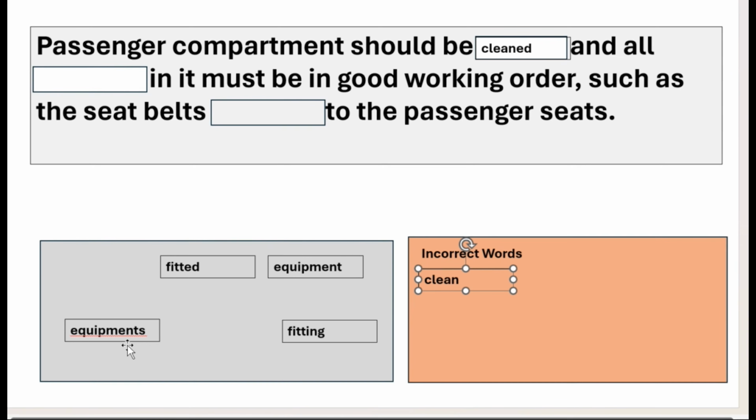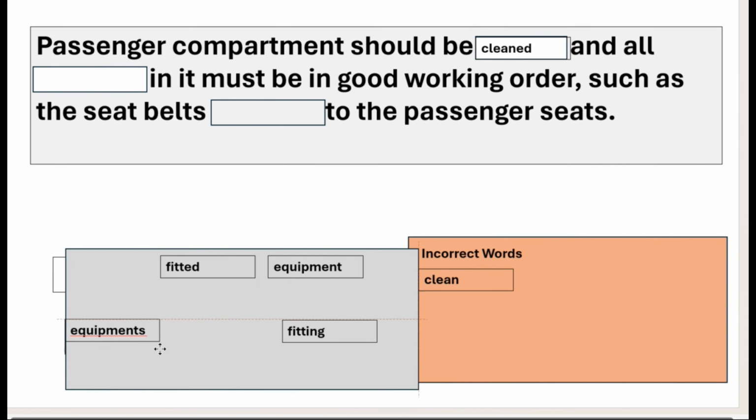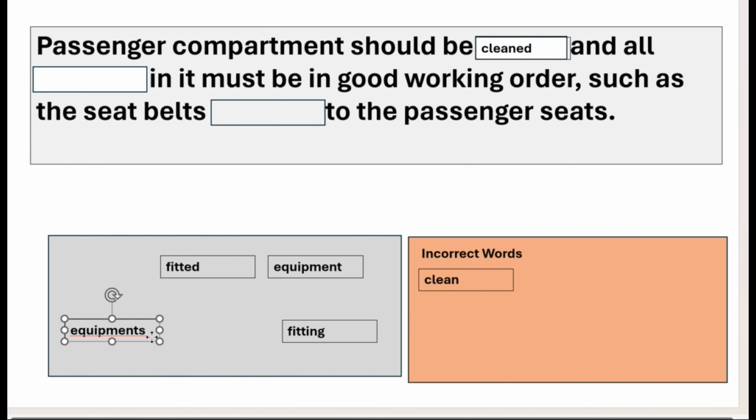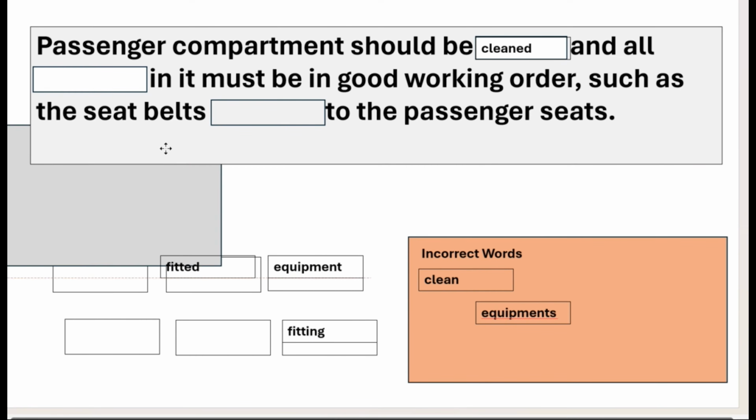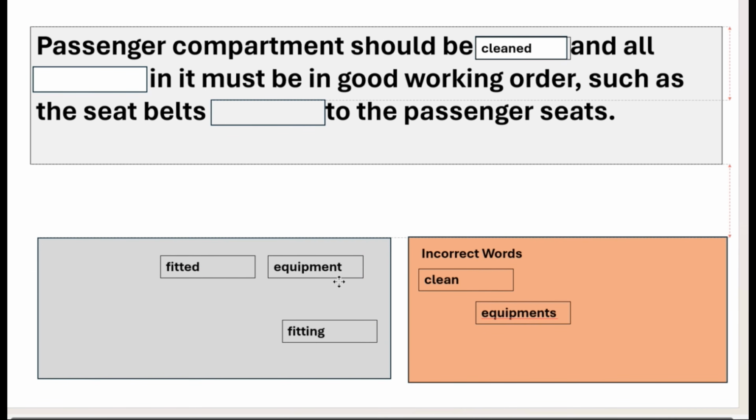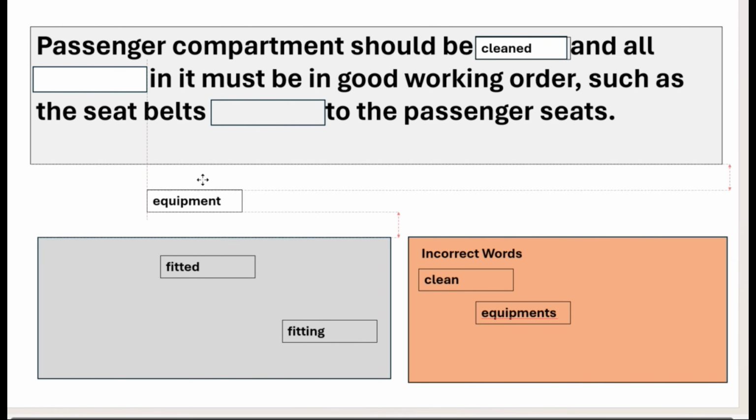If you say equipment, you understand it means more than one. So there is no such word in English as "equipments". Just put it in the incorrect words section, and the answer should be equipment.